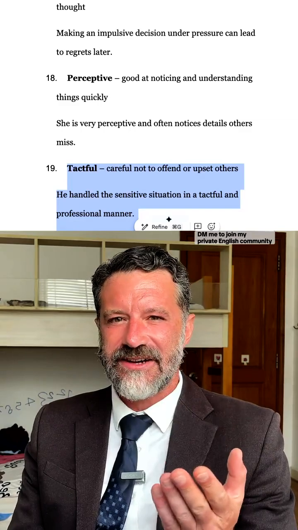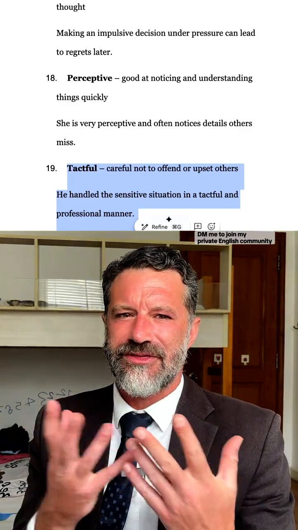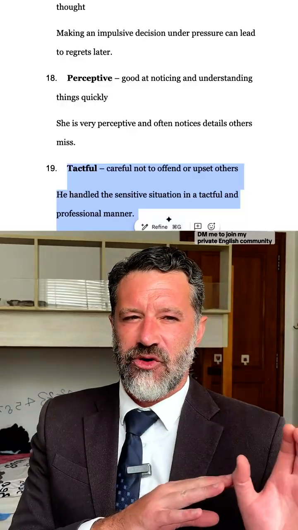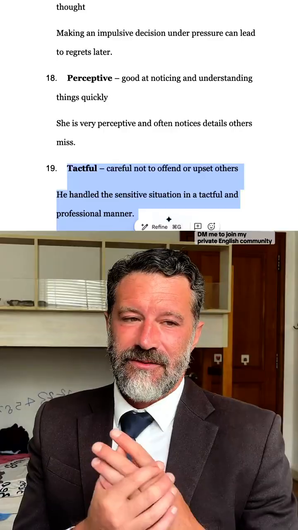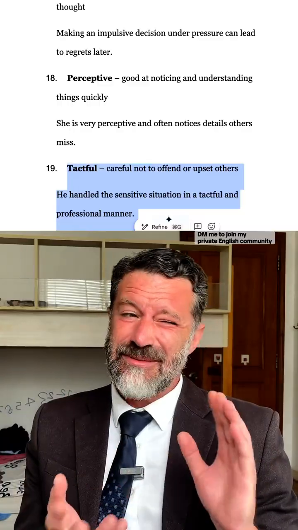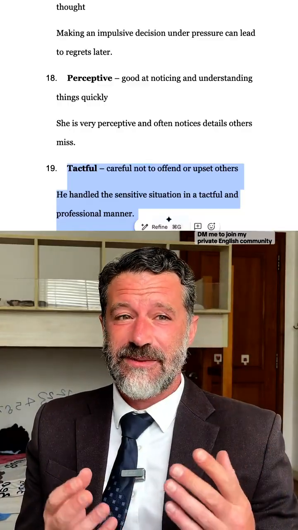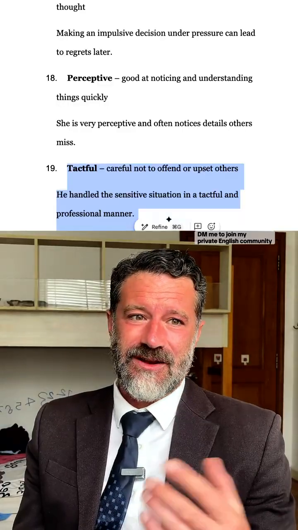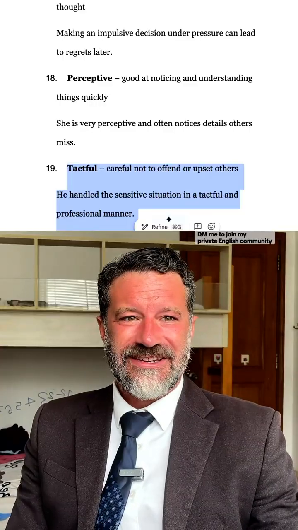If you have tact, that means you're very good at dealing with situations in a way that does not make people angry or offend them. So I have to be very tactful during my live streams because sometimes somebody will come in and say something super rude and I cannot be rude back to them, right? I have to be tactful.